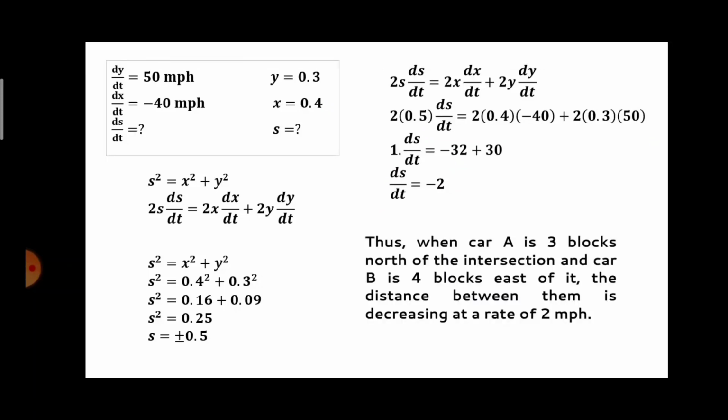Thus, when car A is 3/10 of a mile north of the intersection and car B is 4/10 of a mile east of it, the distance between them is decreasing at a rate of 2 miles per hour.